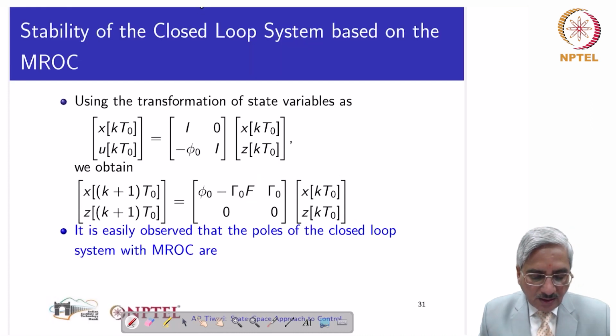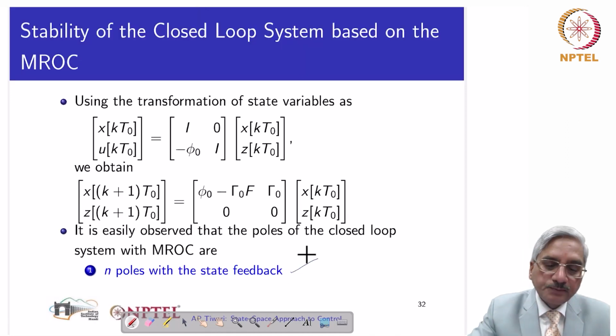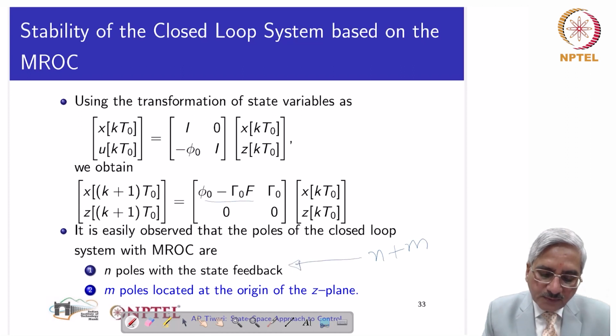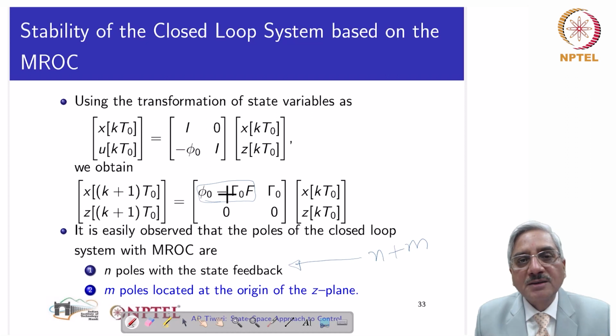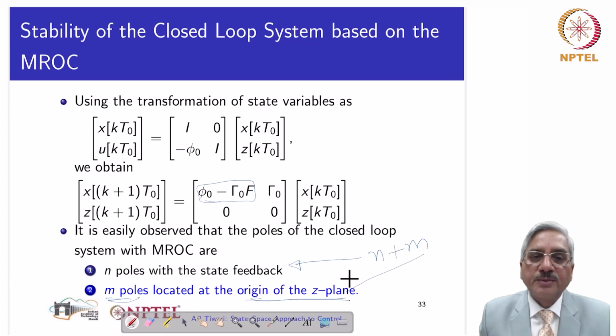That is stated in the bullets here, that this system has n plus m poles. N poles are those of phi 0 minus gamma 0 f, the poles of the state feedback system, and m poles are all at the origin of the z plane.